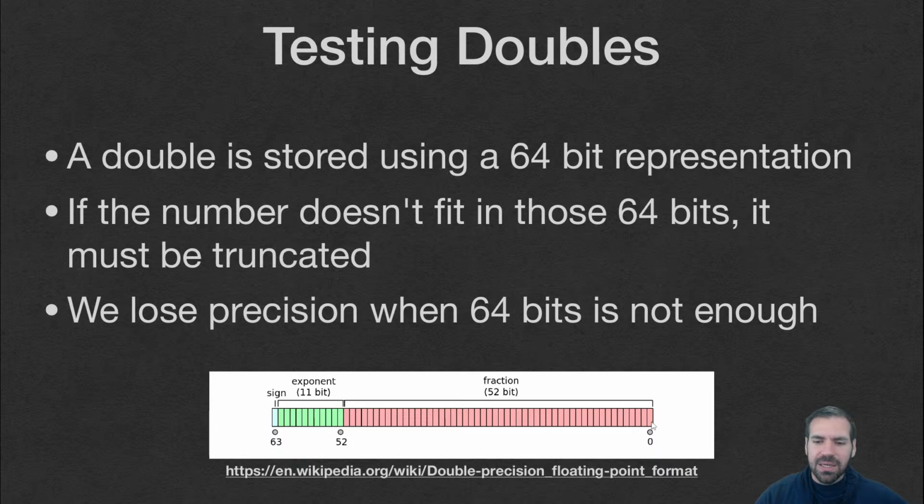You're going to talk a lot more about this format in CSE116, so I'll keep it brief here. You have a 52-bit fraction portion, and then an 11-bit exponent and a sign. And this is basically scientific notation. So this value is 1 point the fraction times 2 to the exponent. Just like you have scientific notation in base 10, this is scientific notation in base 2.